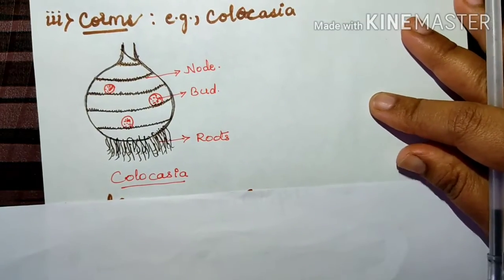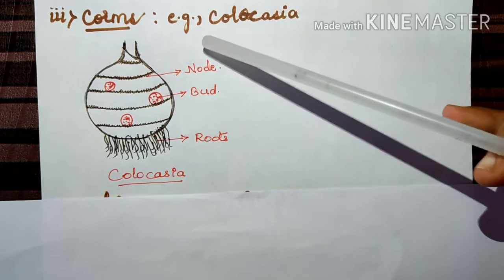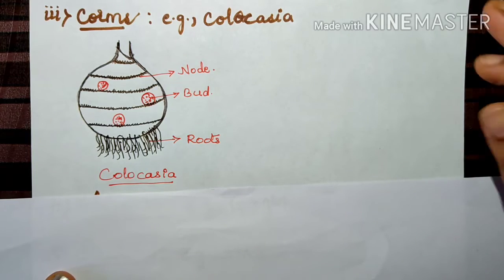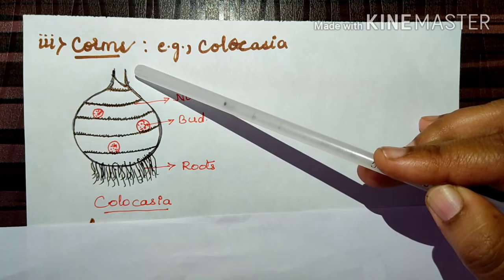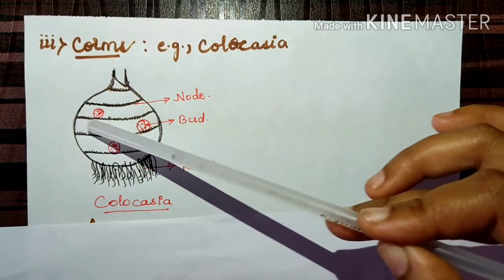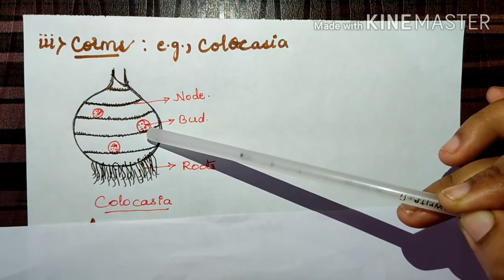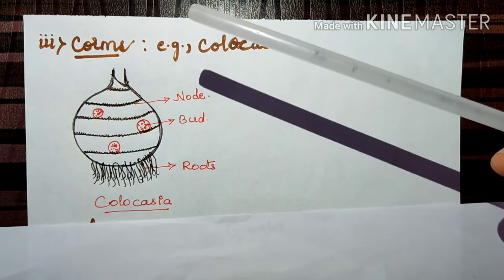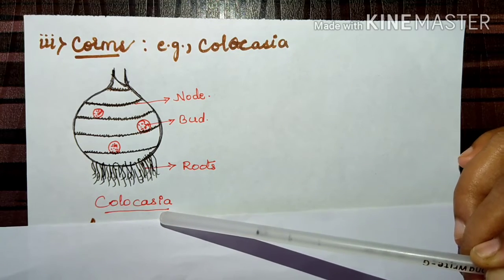Corm is an unbranched, solid underground stem with circular nodes. These nodes have buds. These buds germinate into new plants. You can see in case of colocasia.